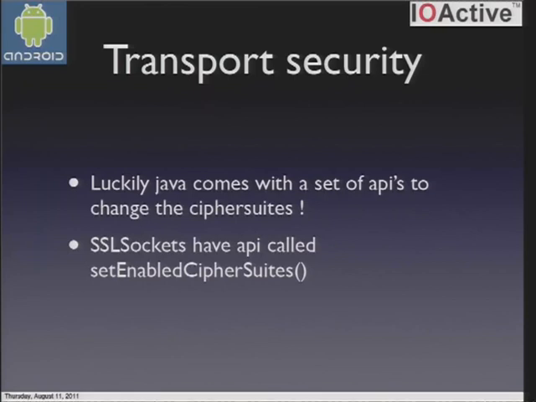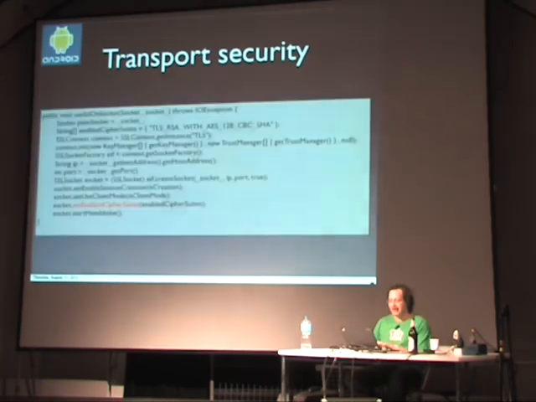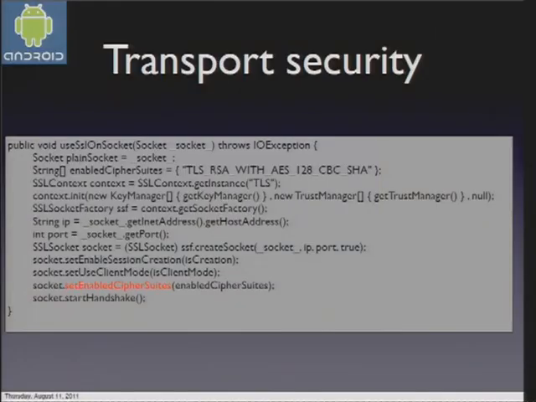If you use the setEnabledCipherSuites API on SSL sockets, you can turn them off and you can specify which ones you do want. And it kind of looks like this. You specify only the particular cipher suite that you want to use. Then you create a context, and from that context you create a factory, and from that factory you get an SSL socket.